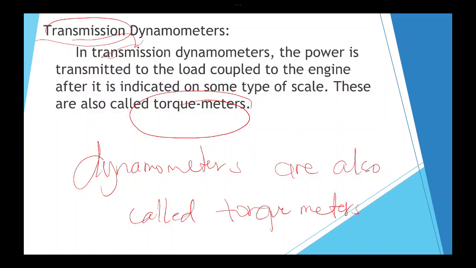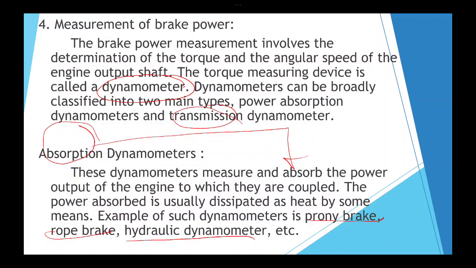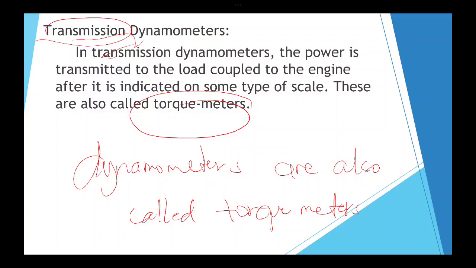Again, we have two types of dynamometers, absorption and transmission, and this is the measurement of brake power. We get the torque for brake power, and we multiply the torque by the given angular speed. That's the measurement of brake power.